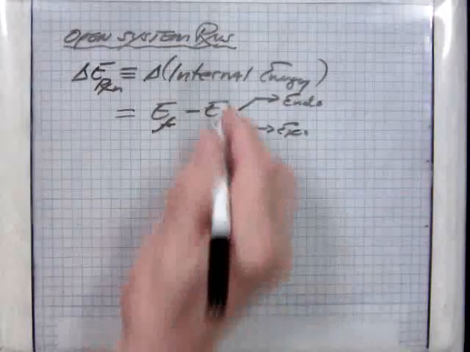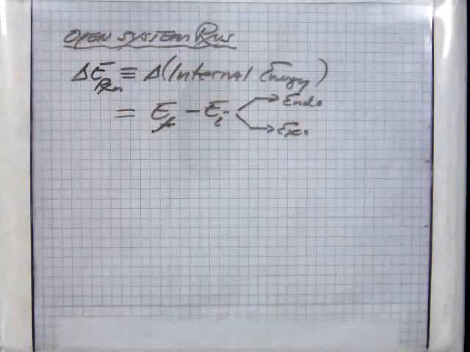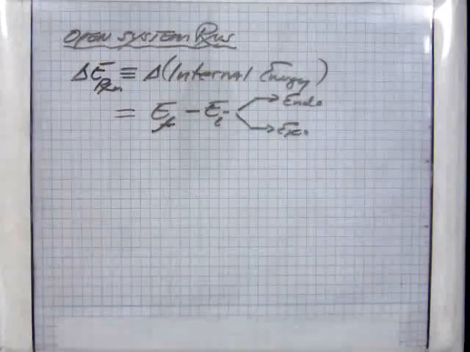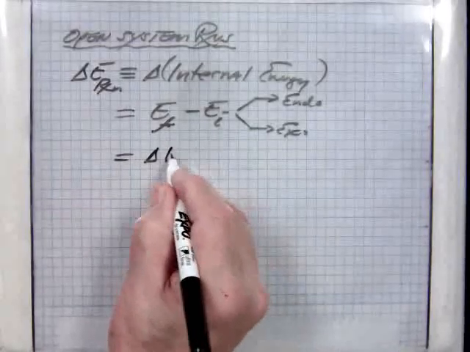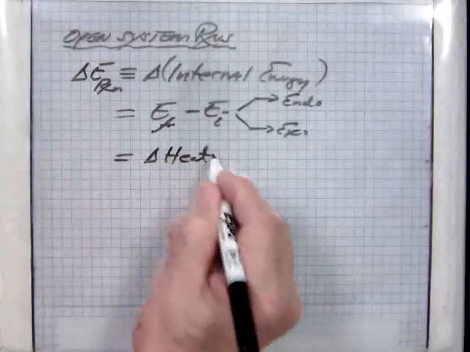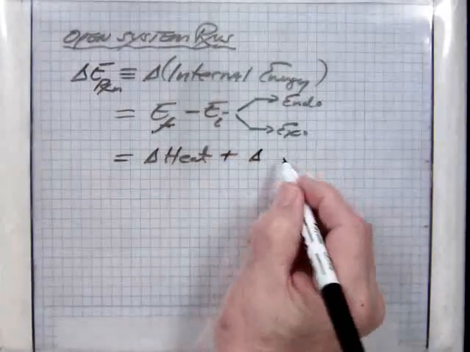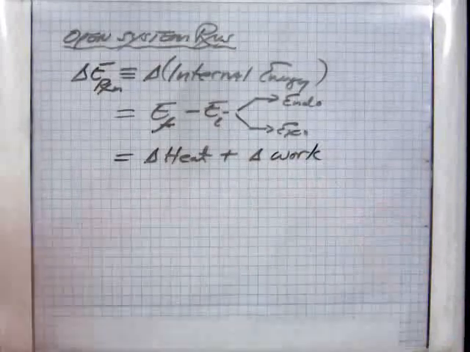However, this process involves two events. Again, the order and energy, but within the energy, it also has two events. And this is the change of heat, delta H, the heat change, plus a change in its ability to do work, which is referred to as work.